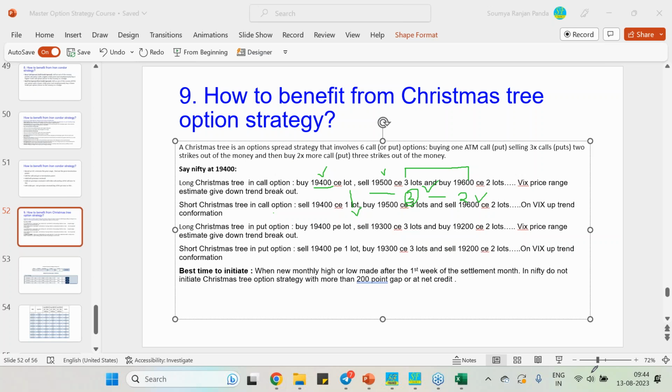A delta distributed strategy gives a profit whenever a gradual up move happens. Delta distributed means the middle strike which has the concentration will be long, and theta distributed means the middle strike which has the concentration will be short.